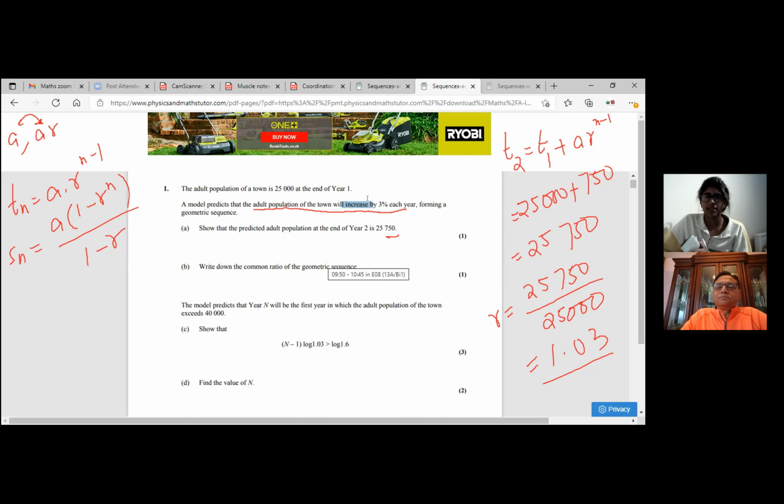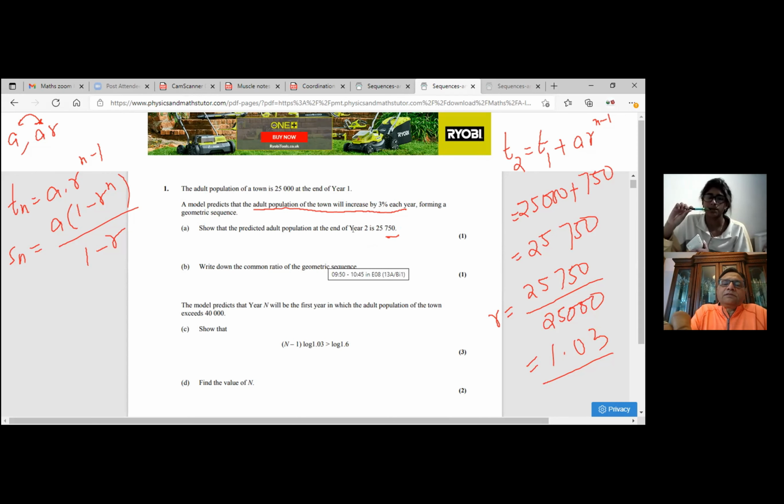But it says increase here. It means that the value I got, 750, is the increase. So that's not the actual ratio R. From that, you have to add the initial value in year one, which was 25,000. And so that's how we got the 25,750.